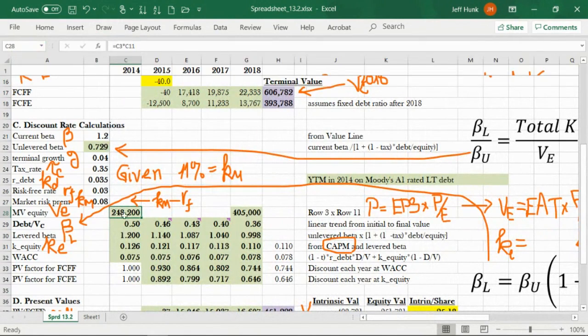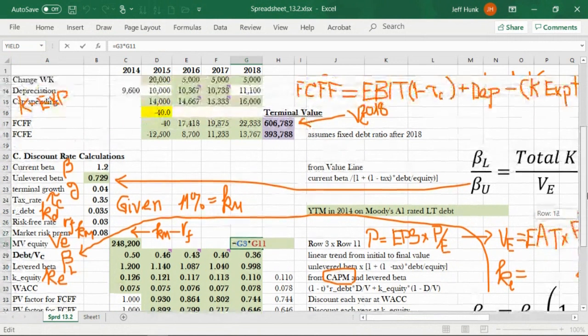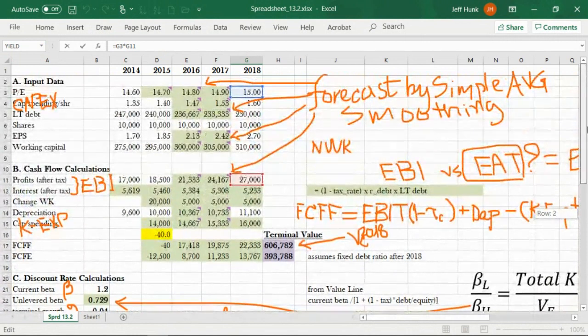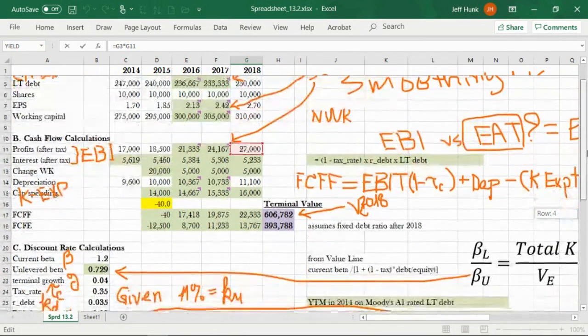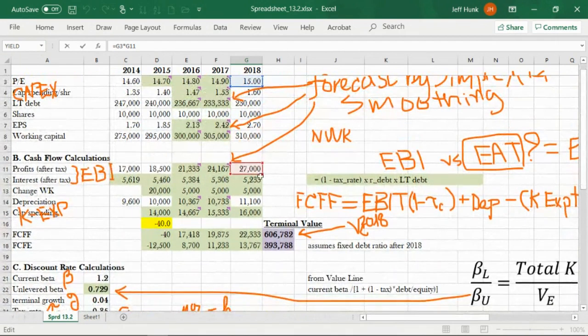So that's how they got market value of equity at the beginning, and since we have that only for the first year and the last year, because those were given data in the first place. This 27,000 must be million, because in reality everything is in thousands.